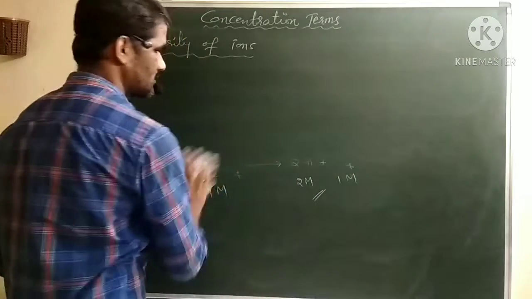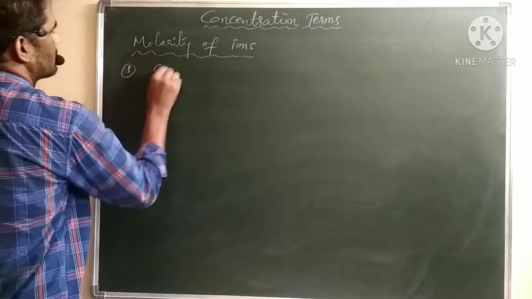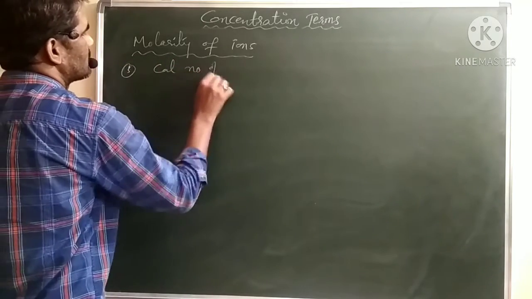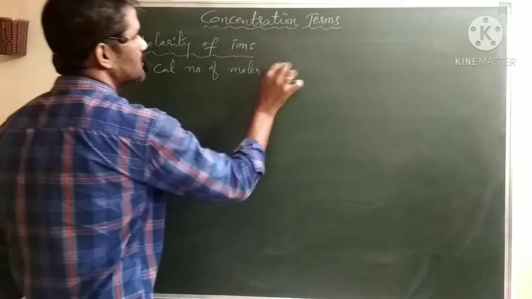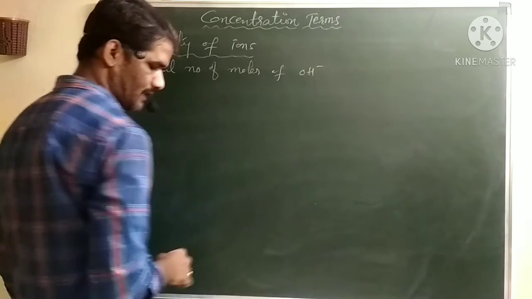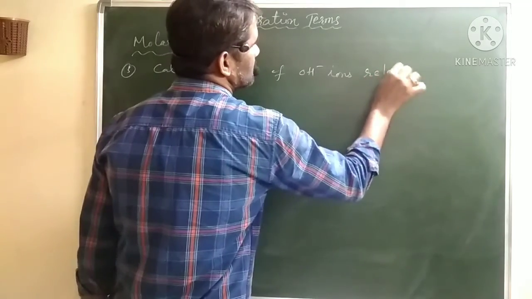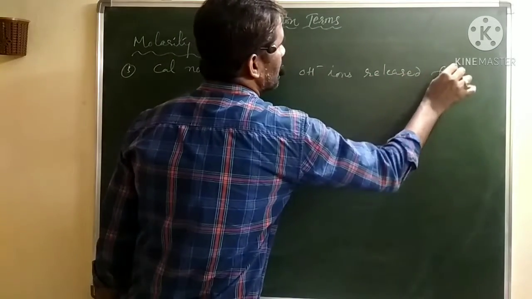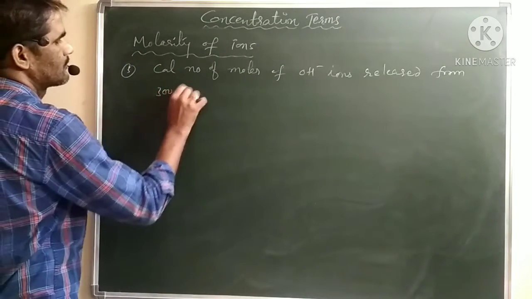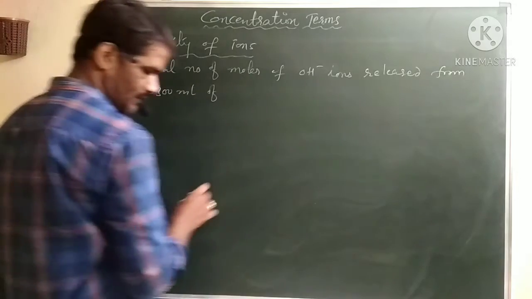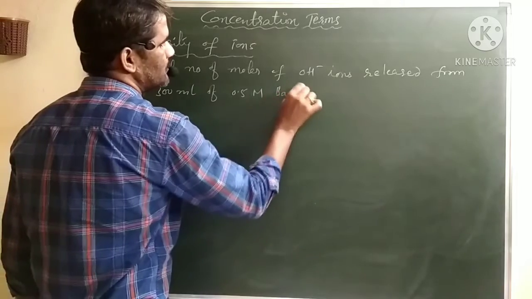Next one more model, same thing, molarity of ions. Calculate the number of moles of OH minus ions released from 300 ml of 0.5 molar barium hydroxide solution.